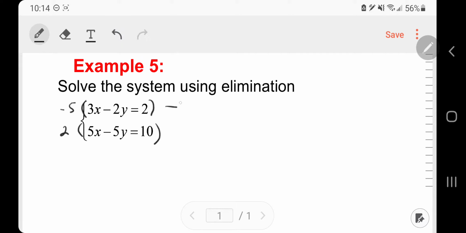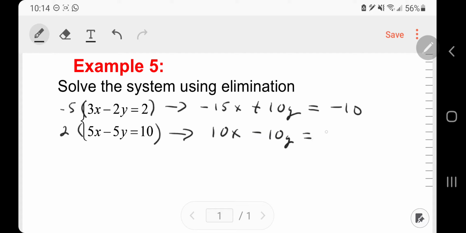All right, so let's go ahead and write the new equations. Distribute this negative 5, so this new equation becomes negative 15x plus 10y equals negative 10. And on the bottom one, we have 10x minus 10y equals 20.